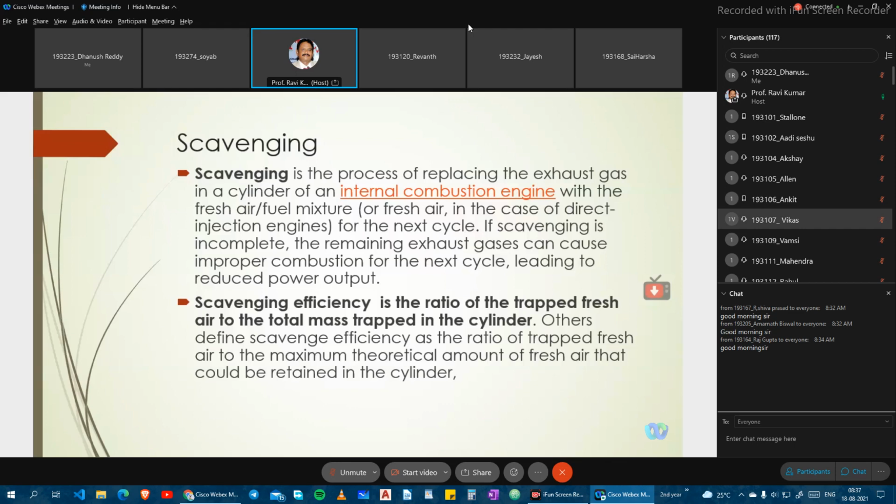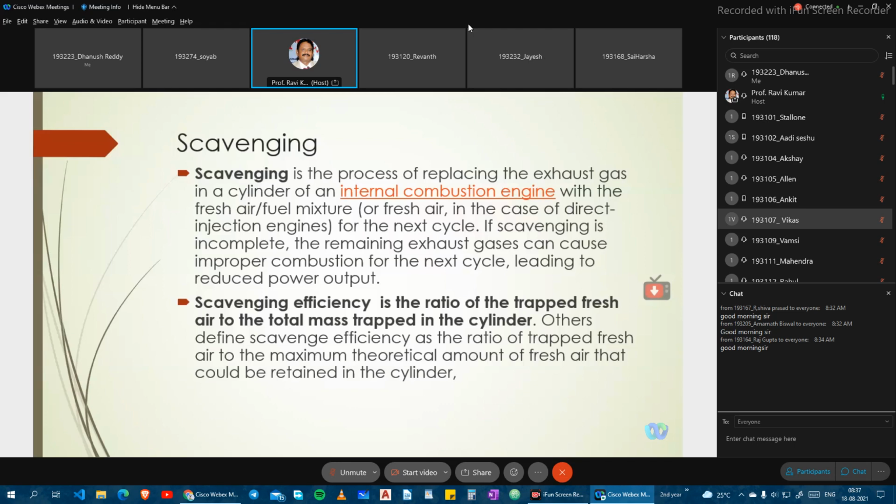If this does not happen, the remaining unburnt fuel particles and the temperature will lead to improper combustion in the next cycle. The fresh charge may be entering, but the exhaust gases will still cause a problem. That problem is what we call scavenging.